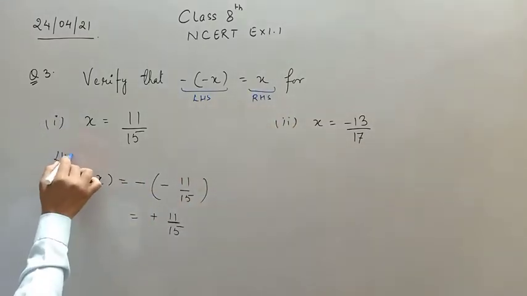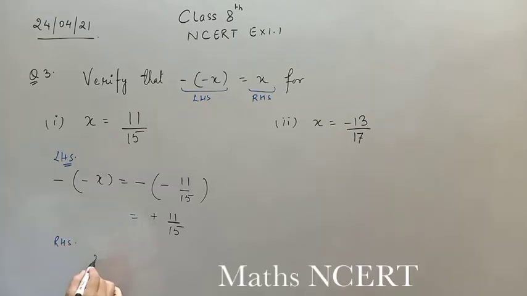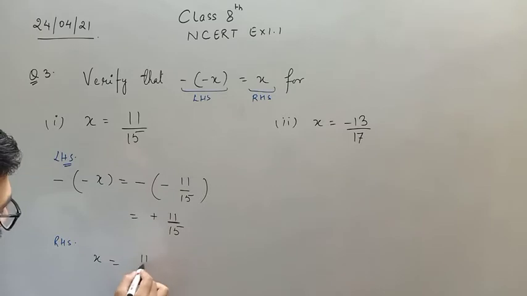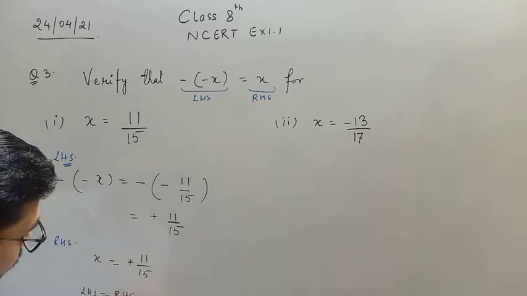So here I have solved LHS, which comes out to be 11 upon 15. Then RHS will be x, and x is equals to 11 upon 15. So LHS is equals to RHS. This much you need to prove here.